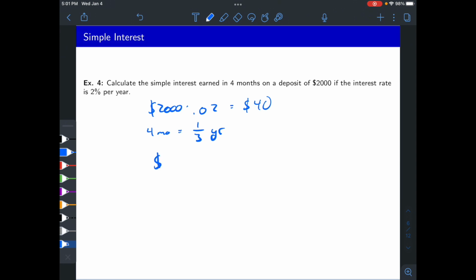So in total, we're going to make a third of $40, because we're making $40 per year over a third of a year. And so 40 times a third, put that in the calculator, that's equal to $13.33.